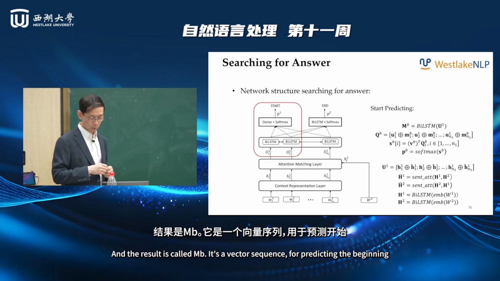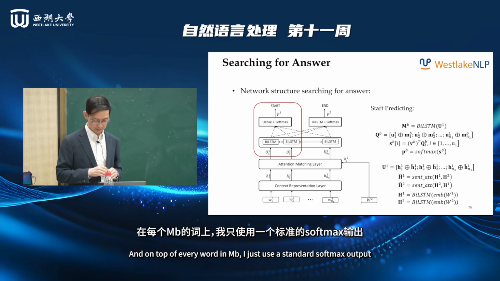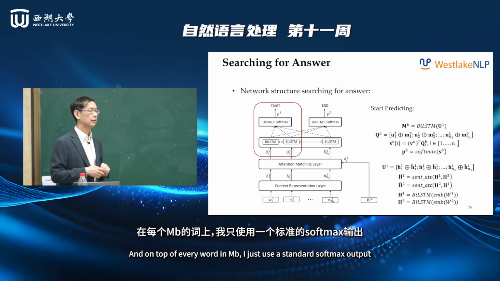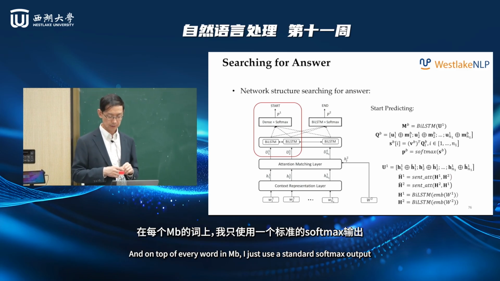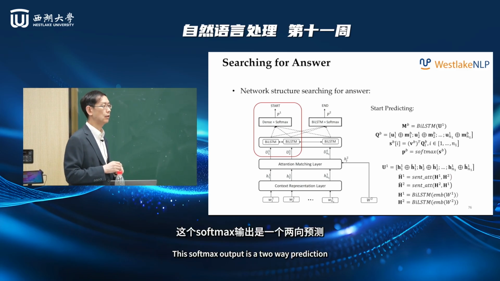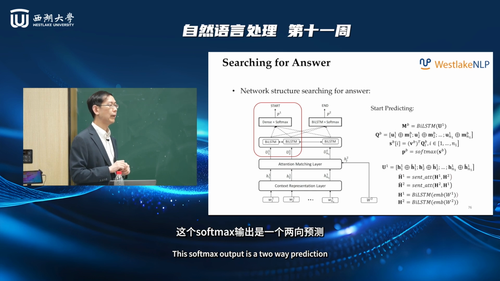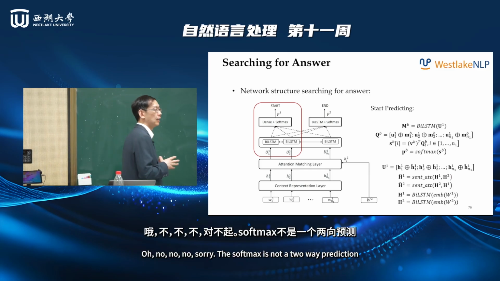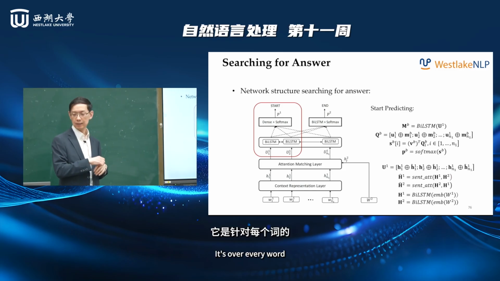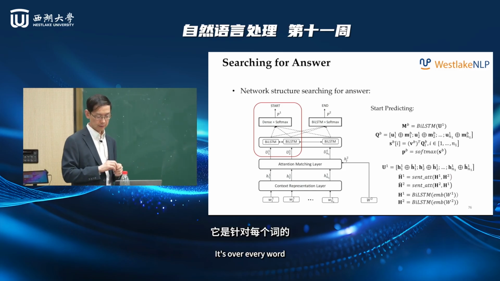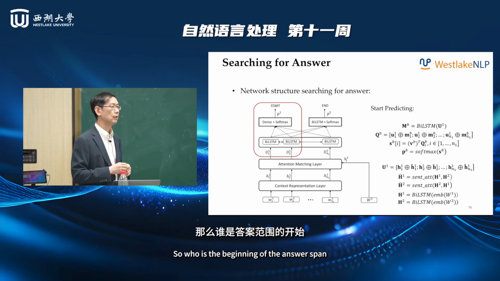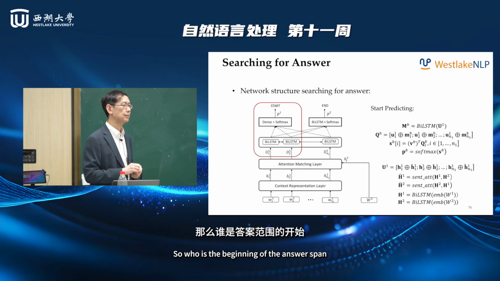And on top of every word in MB, I just use a standard softmax output. Oh, no. Sorry. The softmax is not a two-way prediction. It's over every word. It's over the sequence. So who is the beginning of the answer span?